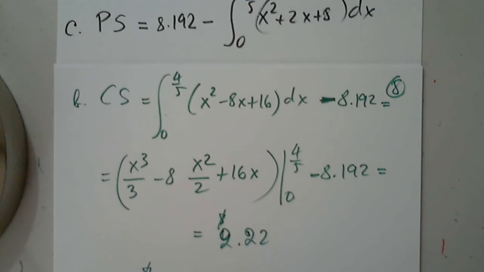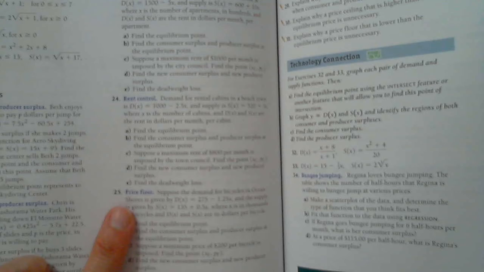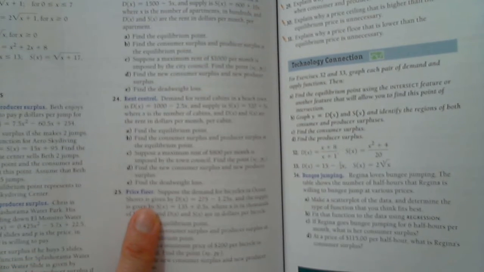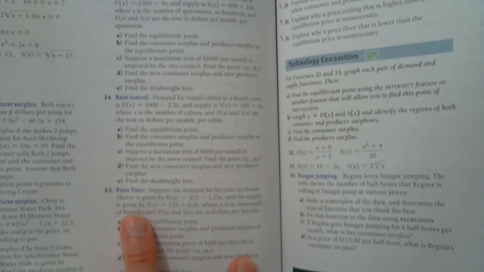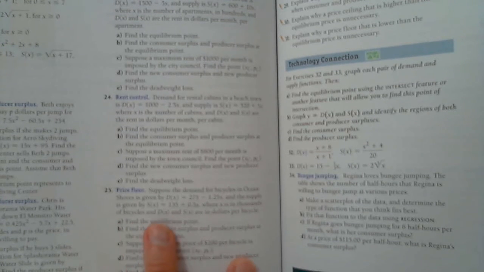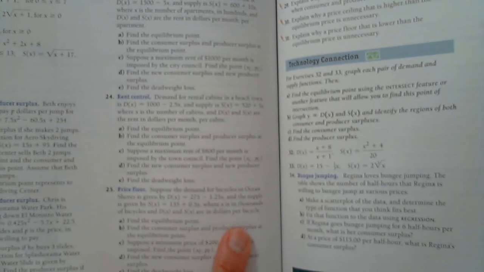Now let's look at a word problem. Okay, so something like, let's say 25, price floor. We'll see what that means. Suppose the demand for bicycles in Ocean Shores is such and such, and the supply is such and such, where X is in thousands of bicycles. D of X and S of X are in dollars per bicycle. Find the equilibrium point, find the consumer surplus.